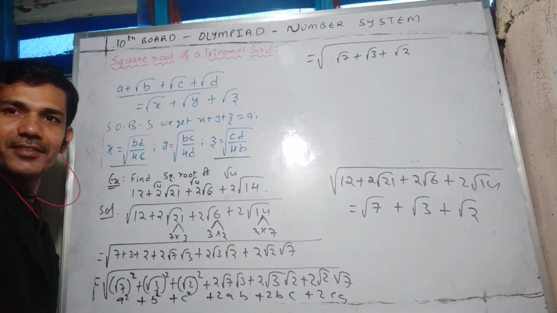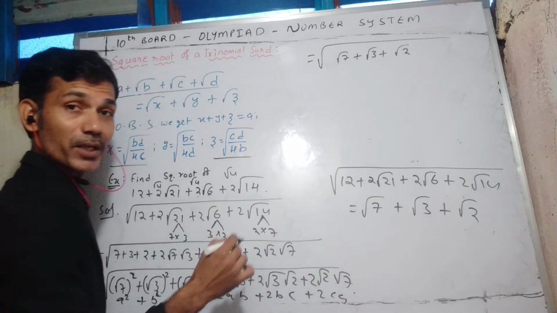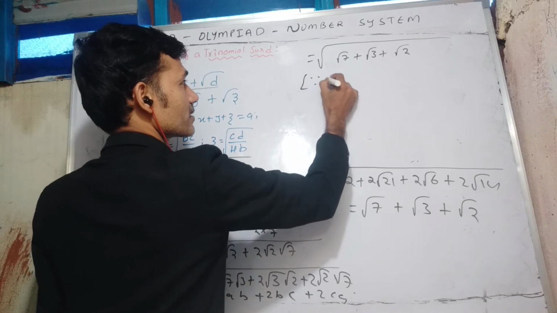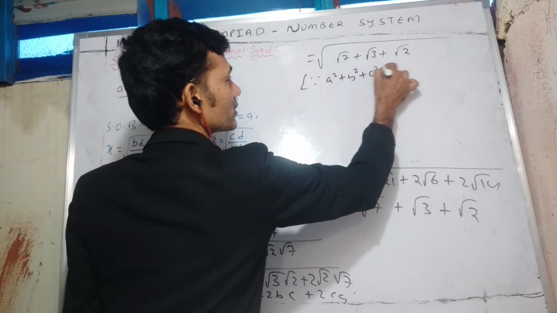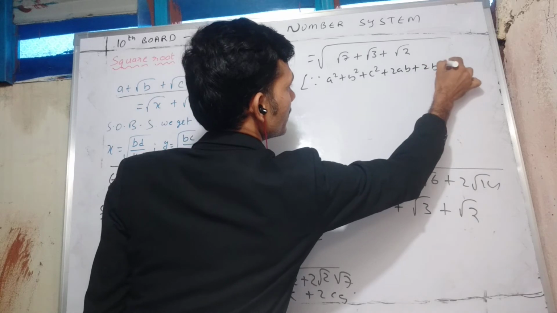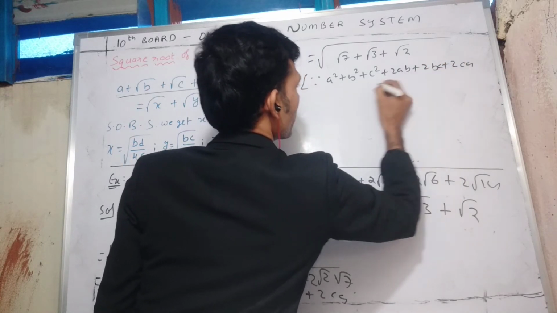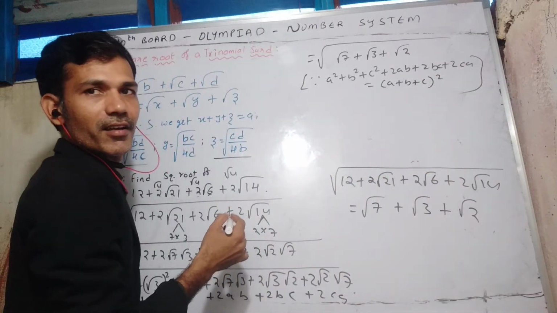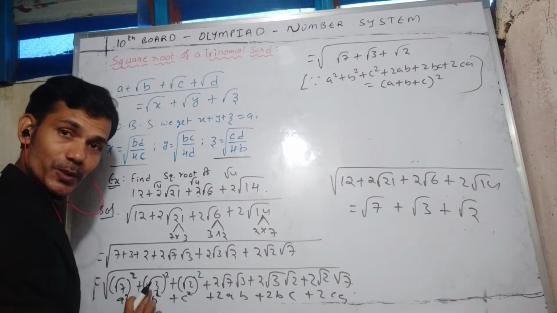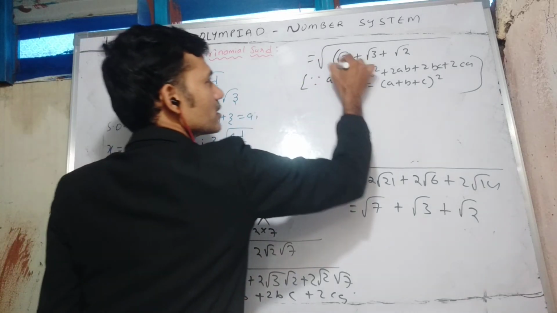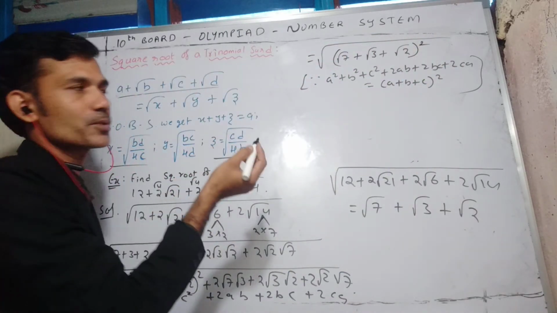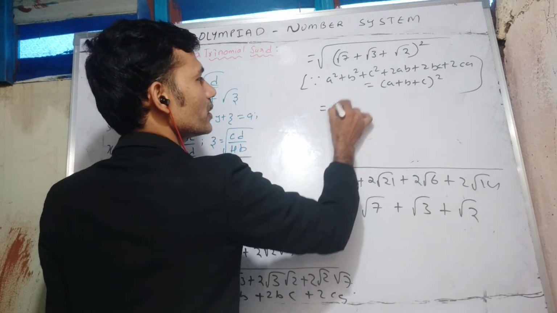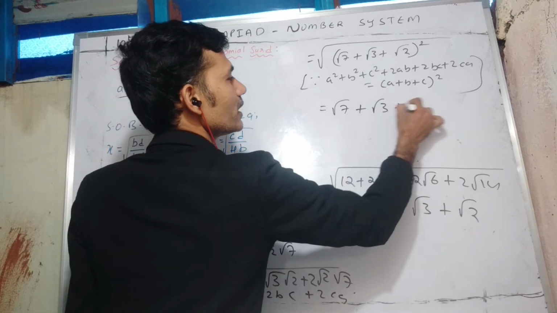And we know it is nothing but A plus B plus C whole square. Using that formula, A square plus B square plus C square plus 2AB plus 2BC plus 2CA is equal to A plus B plus C whole square. Here A is root 7, B is root 3, C is root 2. Square and square root will get cancelled. So what are we going to get? Root 7 plus root 3 plus root 2.